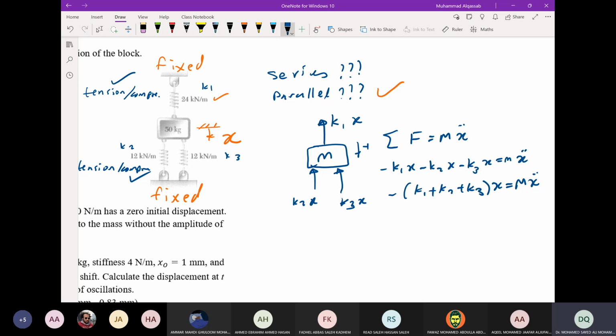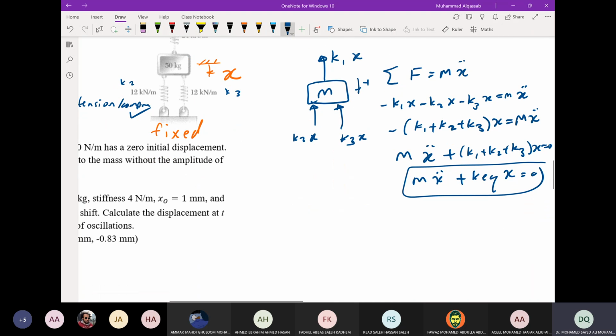So they are in parallel. As you can see, they add up as we do in parallel. You can either follow Newton's second law, or use the idea that the springs are in parallel and K equivalent is K1 plus K2 plus K3. When you arrange this equation, you get m x double dot plus (K1 plus K2 plus K3) times x equal to 0, which is m x double dot plus K equivalent times x equal to 0.